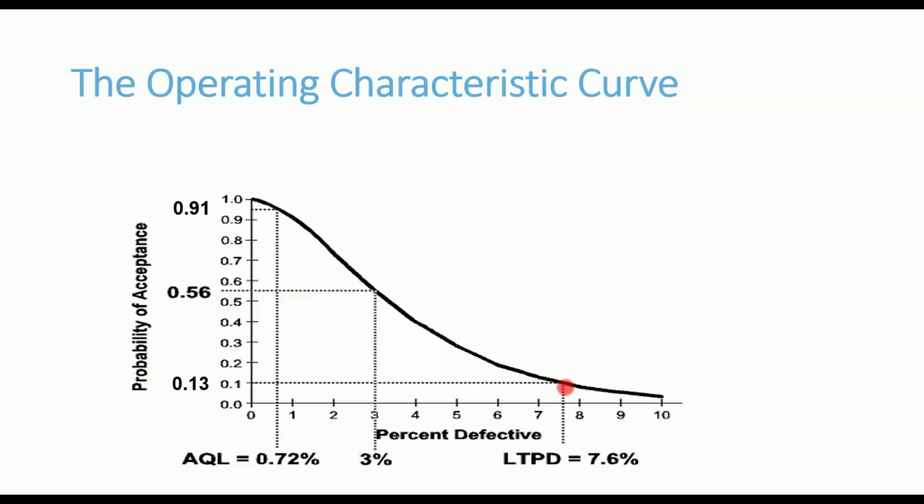So the AQL describes what a sampling plan will accept. Lots at or below this 0.72% defective are routinely accepted, and that means at least 95% of the time. That's how we set it. And the LTPD describes what the sampling plan rejects. So lots at or above this 7.6% defective are routinely rejected.